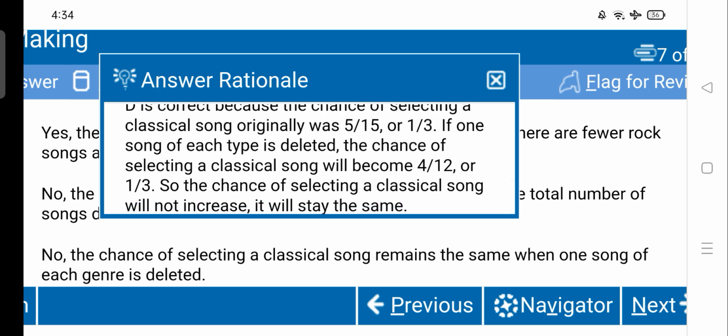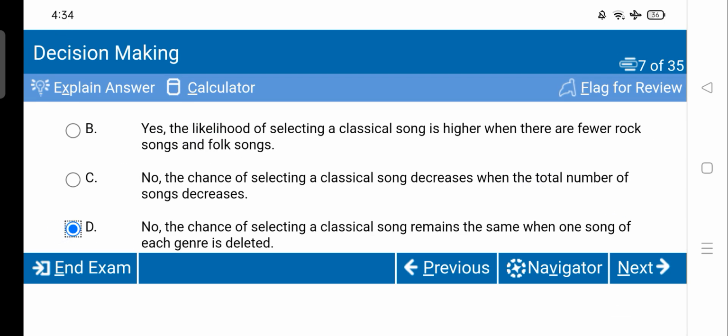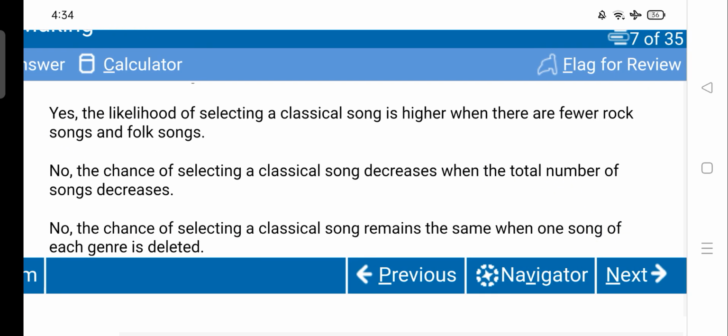So the chance of selecting a classical song will not increase. It will stay the same. So because of this, we can say that option D is the correct option, which is no. The chance of selecting a classical song remains the same when one song of each genre is deleted.